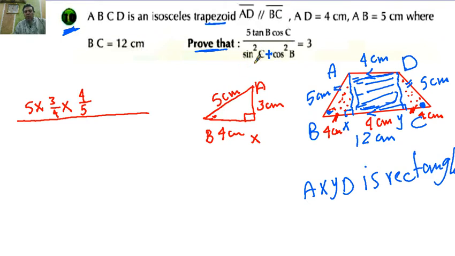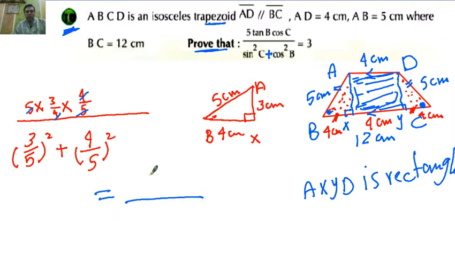Denominator: sine squared C like sine squared B, opposite over hypotenuse, 3 over 5 whole squared, plus cosine B, adjacent over hypotenuse, 4 over 5 squared. In the numerator, cancel 4 with 4 and 5 with 5, the remainder is 3.